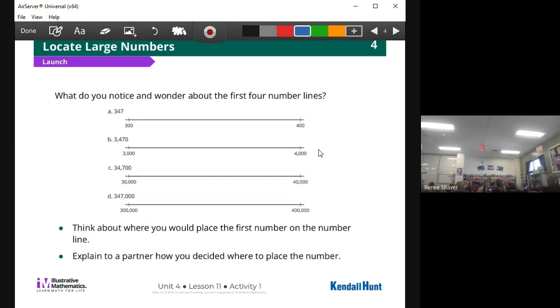Stop your conversation. Raise your hand and share. Tell me where you would put it, Ella. Kind of in the middle, but closer to 300 or 400. Okay. Yeah, I think you're right.